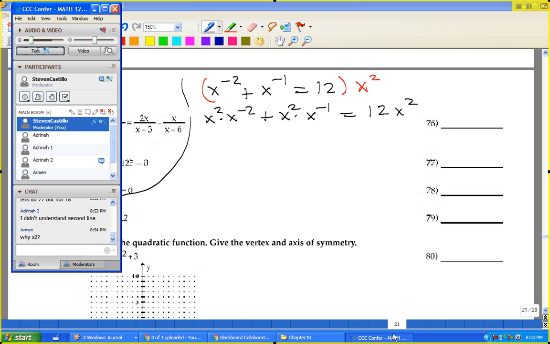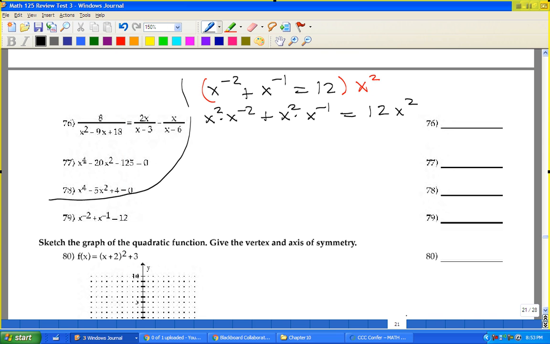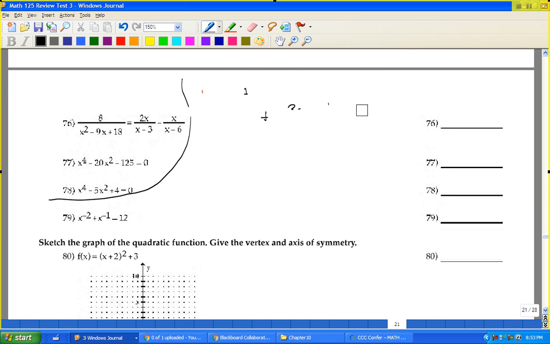Why x squared? Because you want to, this is the same. Let me just rewrite this without negative exponents. That'll be better. So this is the same as 1 over x squared plus 1 over x equals 12. So I want to get rid of all the denominators.